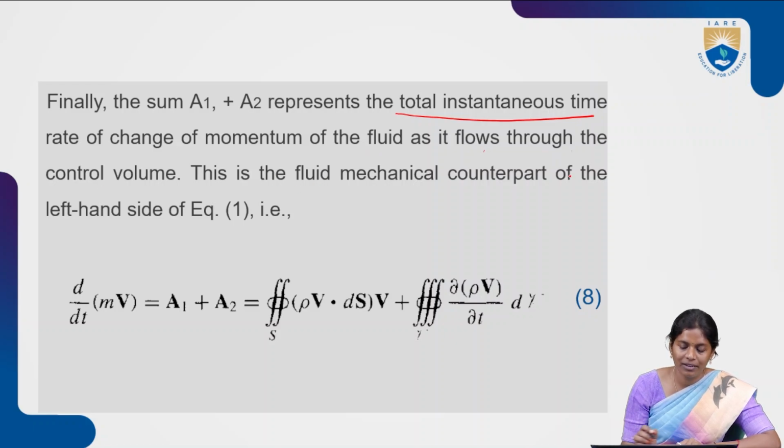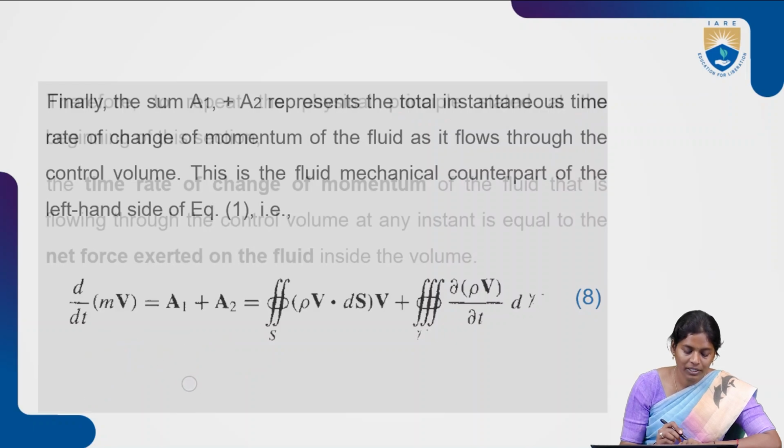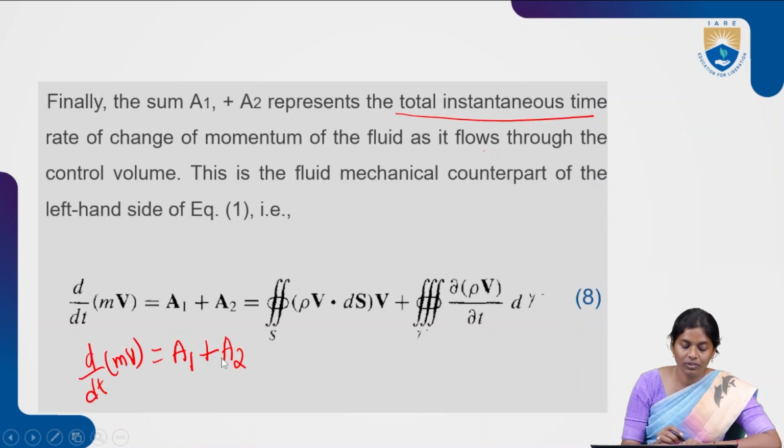So then we have d by dt of mv, which is in equation 1 at the start. We have both the time rate of change of momentum and the change due to the fluctuations also. So it represents the overall total instantaneous time rate of change of momentum of the fluid as it flows through the control volume.